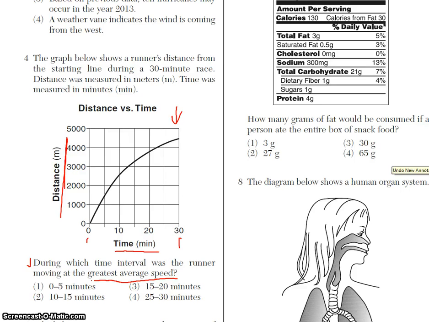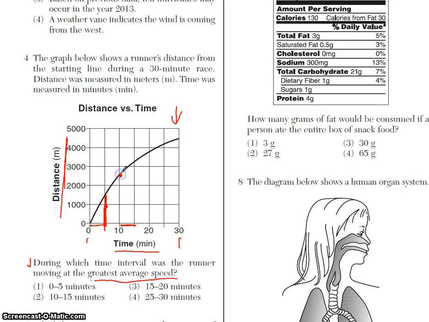So if you look at 0 to 5 minutes, here's 0, and here's 5 minutes, right here. So he ran from 0 to 5 minutes, and he went this distance, maybe 1,500 meters. Okay, 10 to 15. So here's our 10.